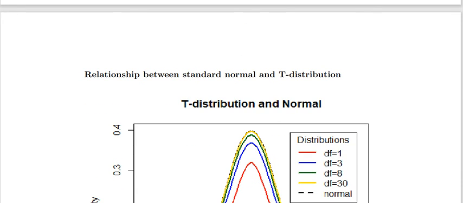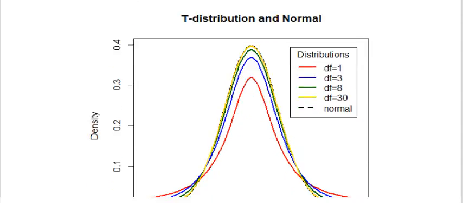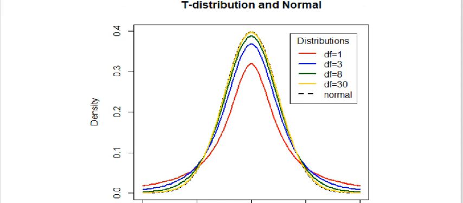So by now we have a T table, a Z table, T distribution, Z distribution. So what's the relationship between the two distributions? Okay, so we can check from the graph. This is the graph produced from computer.